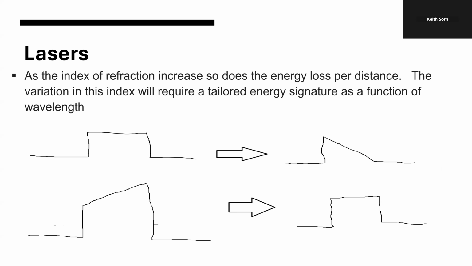So what we do is we add more energy at the higher wavelengths so that when it goes down the fiber, that part is ground down and we're left with a nice square function. We chose a square function because it is easy to see the examples. This is equally true when we use a Gaussian distribution of laser light, which is the norm.